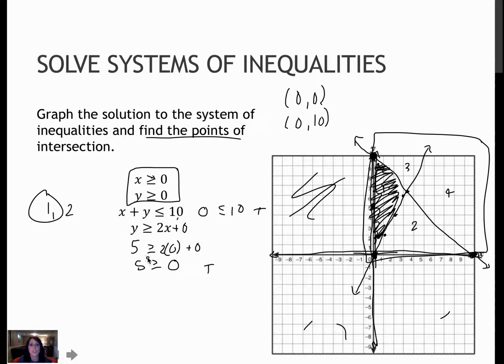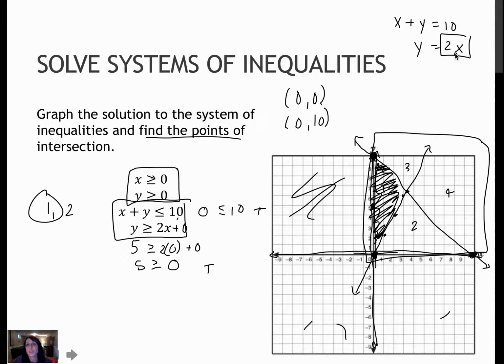With 4 equations, I find the 2 that actually cross here, which are these two, and then I solve using substitution or elimination. So I would take, in this case, just for clarity, I will rewrite. I have x plus y equals 10, and I have y equals 2x. I'm going to use the substitution method.